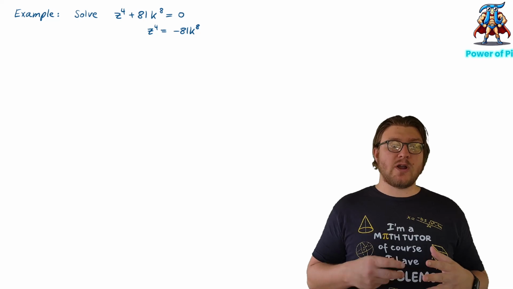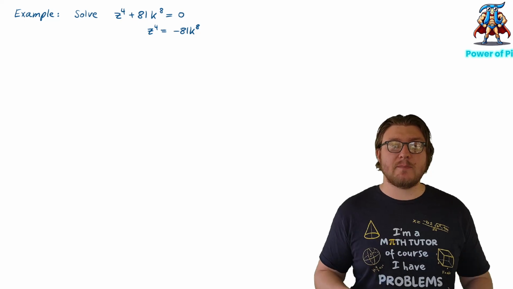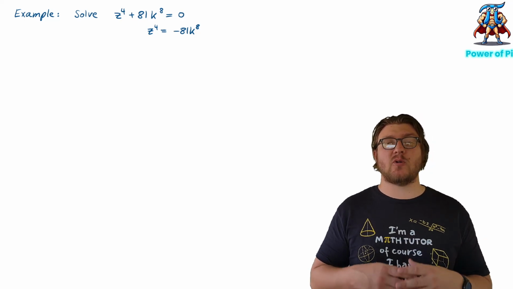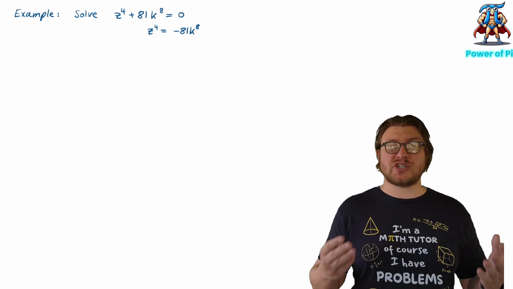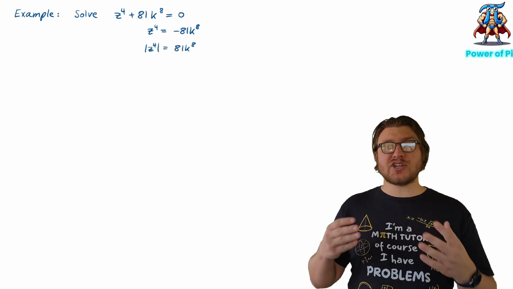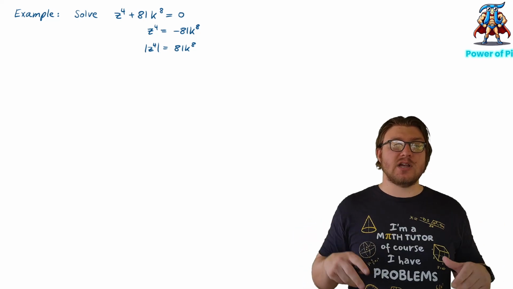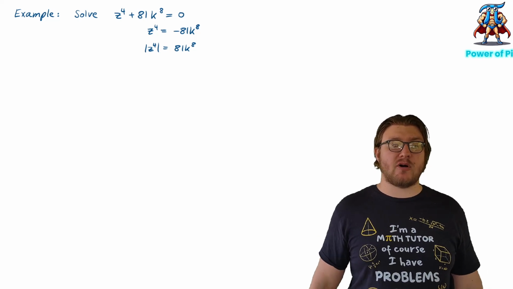So here we're going to have to check. k to the power of 8 is always positive. Multiplying by negative 81 is always going to be a negative number. And k here is real, so we're going to just have a negative real number. So where are we? We're actually on the real axis, so our modulus is just the positive version of what we have before.